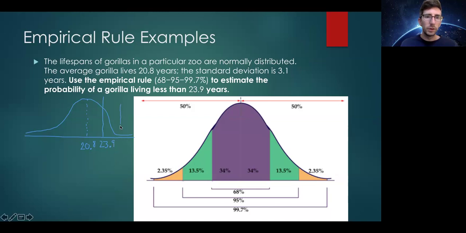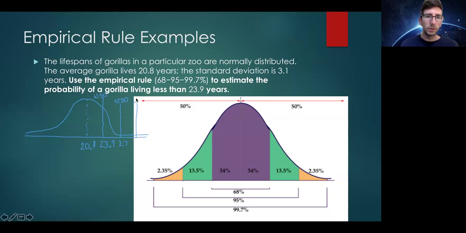And then I know this isn't really to scale, but I'll go 2 standard deviations out. So this is plus 1 standard deviation. This is plus 2 standard deviations. So now I'll add another 3.1: 23.9 plus 3.1 is 27. And again, I know I didn't draw this very well.